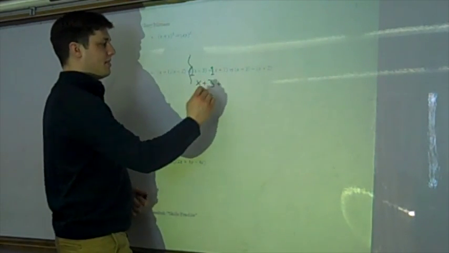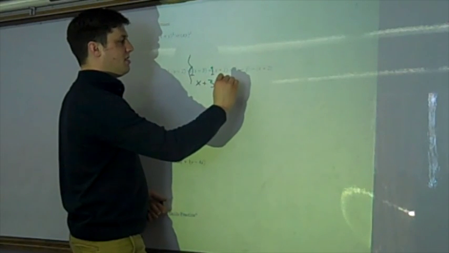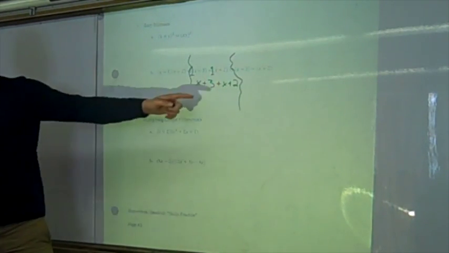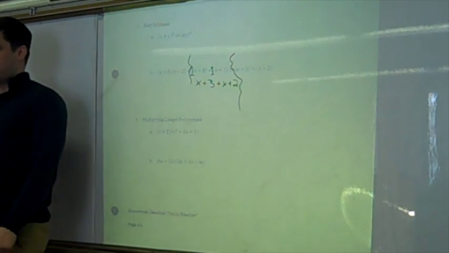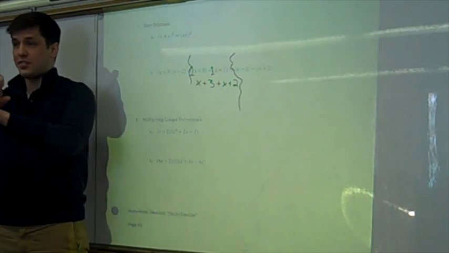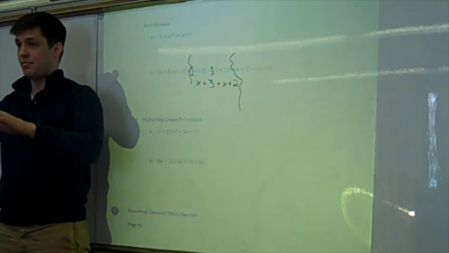And so you have x plus 3 plus x plus 2. Now, suppose there's a minus in between them. In this case, you have to remember that subtracting a grouping means you have to distribute the negative.